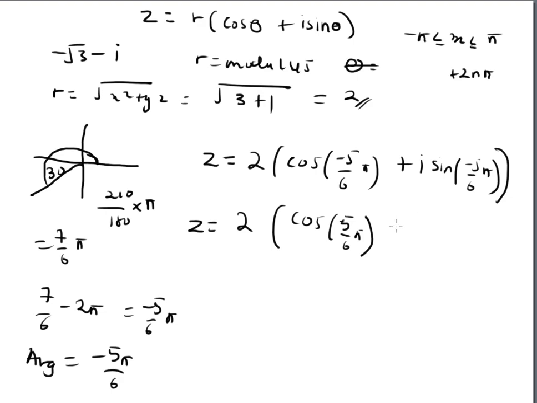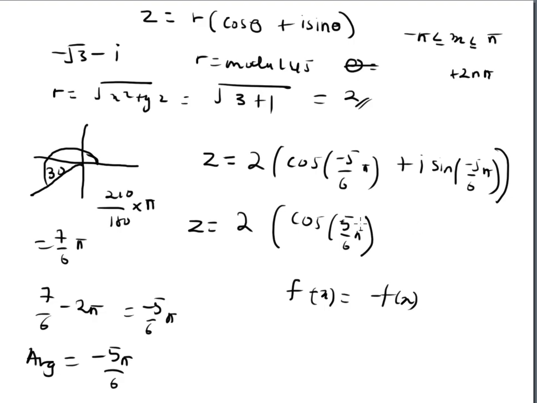And sine is an odd function. So what's an odd function? An odd function is a function where f of negative x is equal to negative f of x. Whereas for an even function, f of negative x gives us f of x. This makes sense.